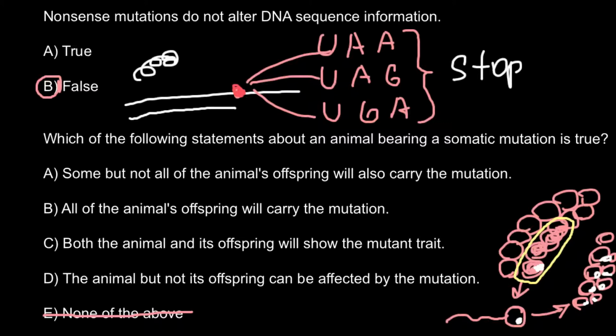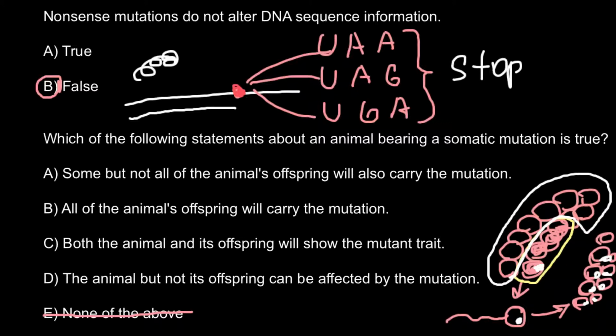So all the cells except sex cells we call somatic cells. Everything that is not sex cells we call somatic cells.